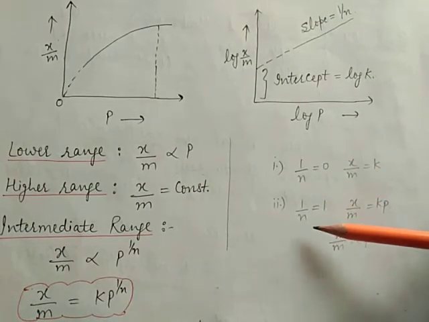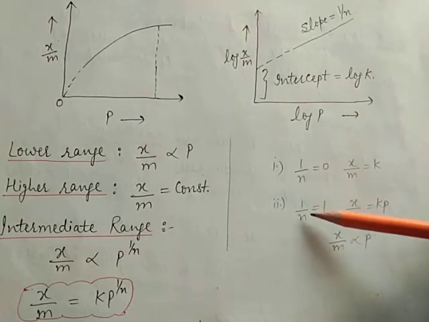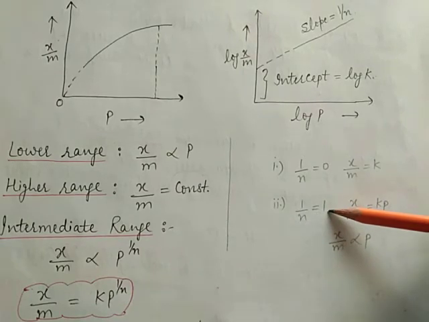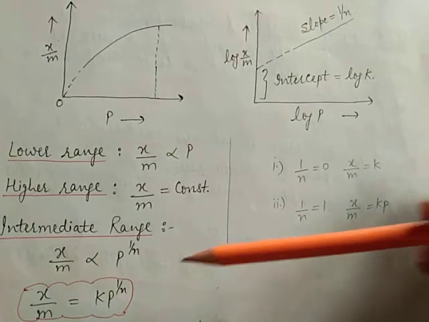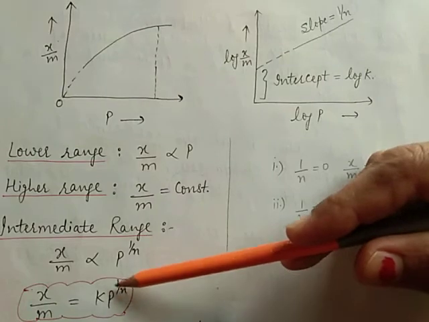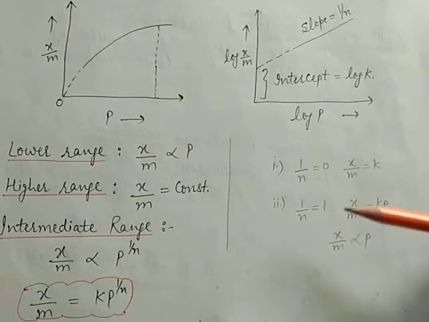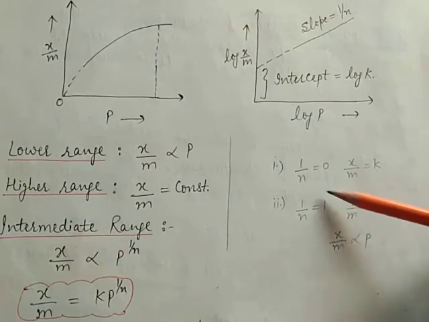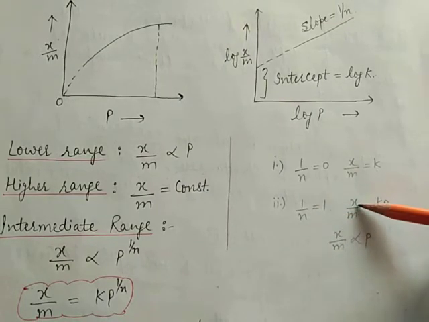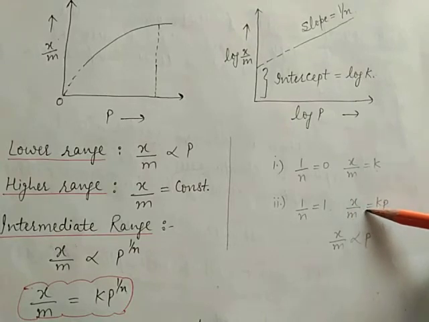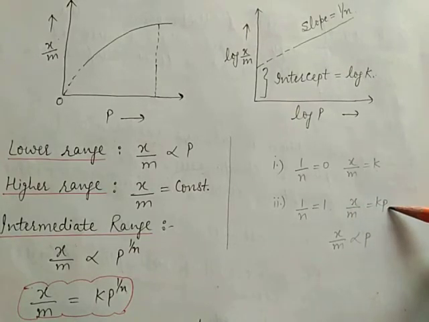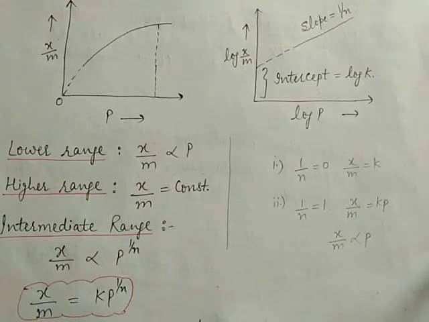Now in case two, if the value of 1 by n is equal to 1, then putting this value here, x by m is equal to k P raised to the power 1.